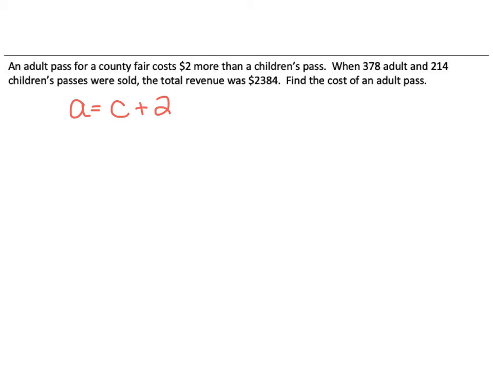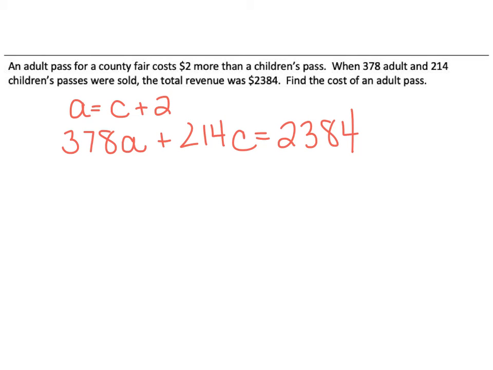When 378 adult and 214 children's passes were sold, the total revenue was $2,384. So in algebra, that's saying 378 times A plus 214 times C is equal to $2,384.